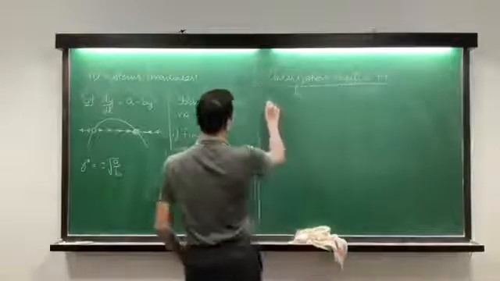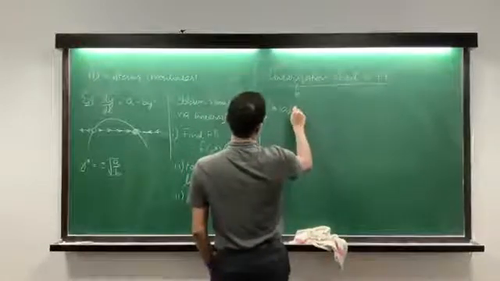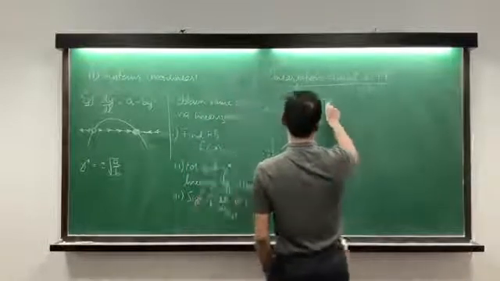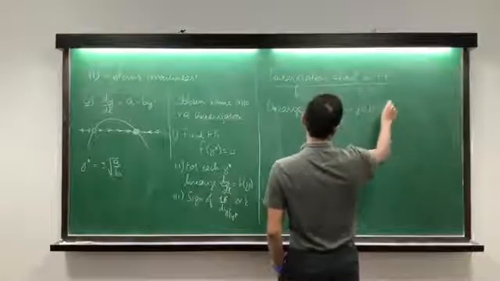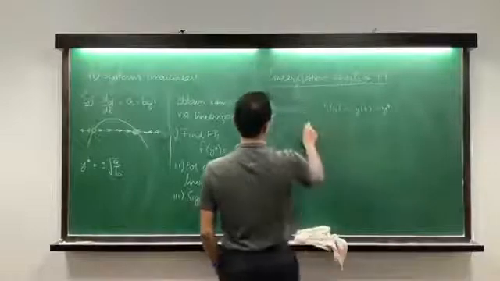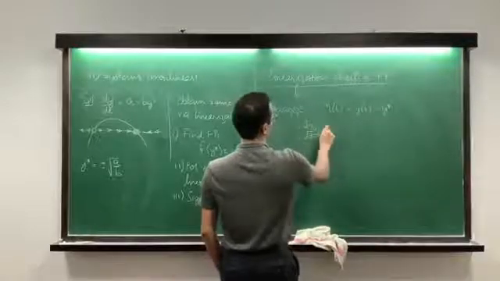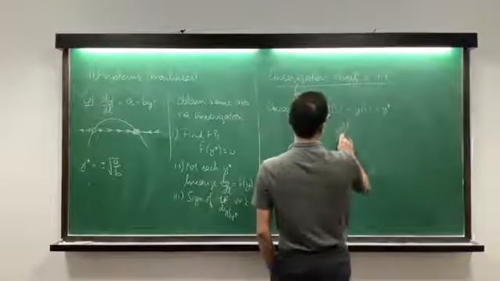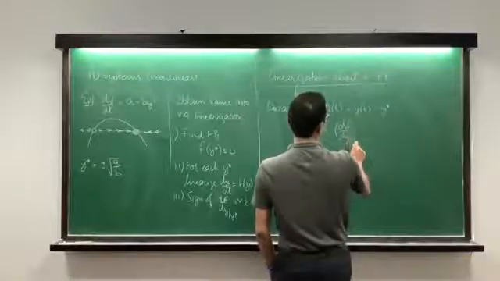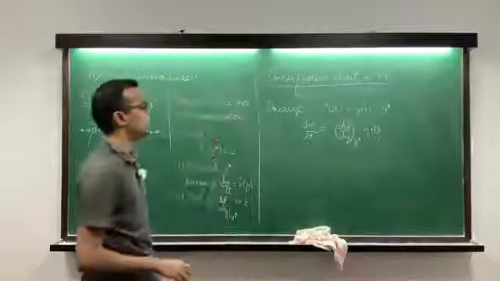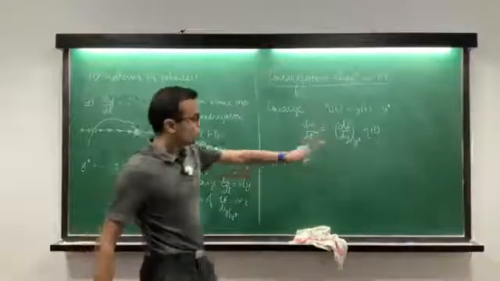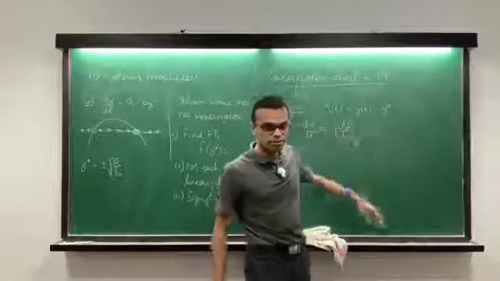So if you linearize, then I write eta is y of t minus y star. I put this back in, I'll get d eta by dt is equal to df by dy at y star times eta. And now I have to do this for two fixed points, two of them that are separate.